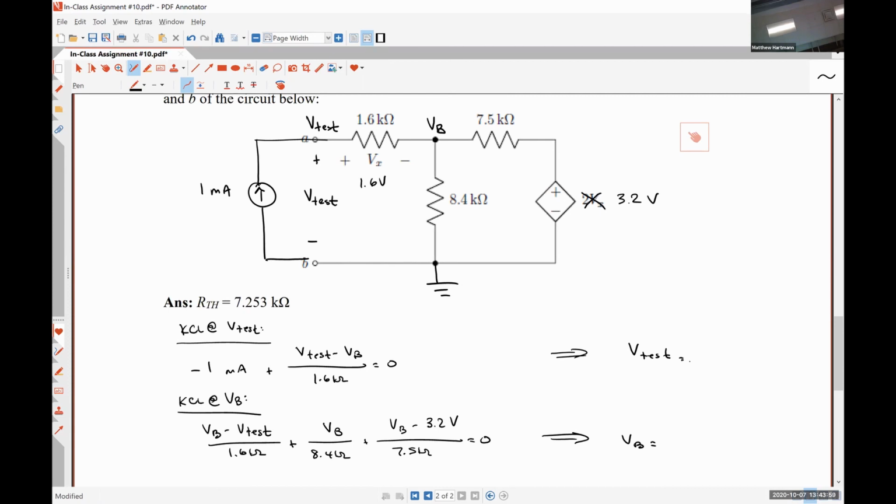On my second equation, my coefficient for V-test is -1 over 1600. My coefficient for VB is 1 over 1600 plus 1 over 8400 plus 1 over 7500. And my constant term is going to be 3.2 divided by 7500.